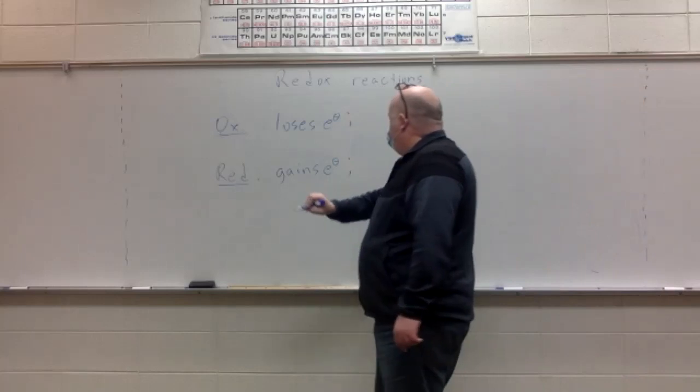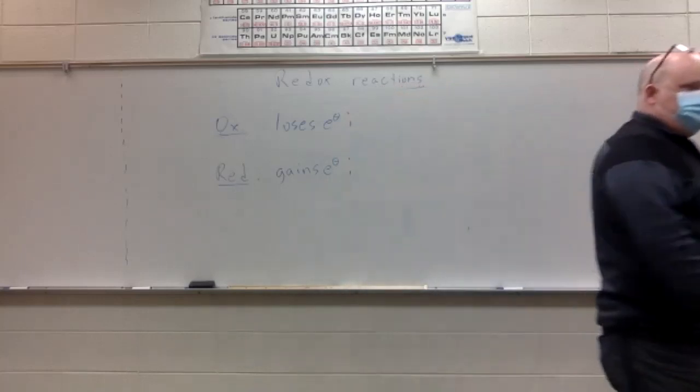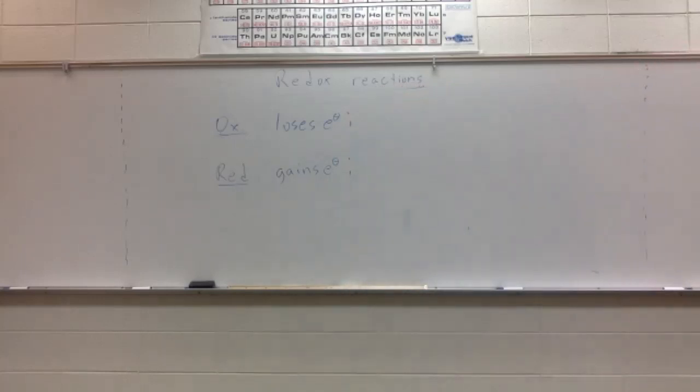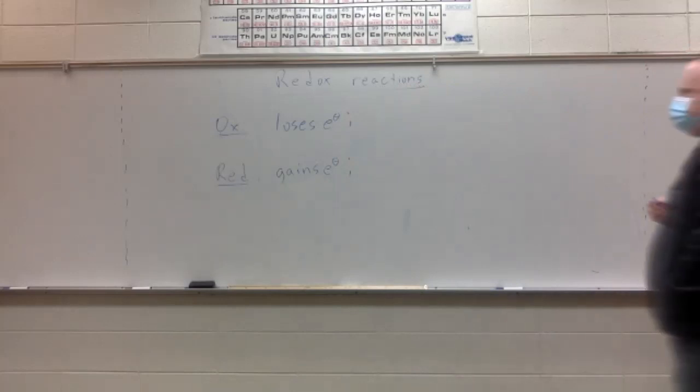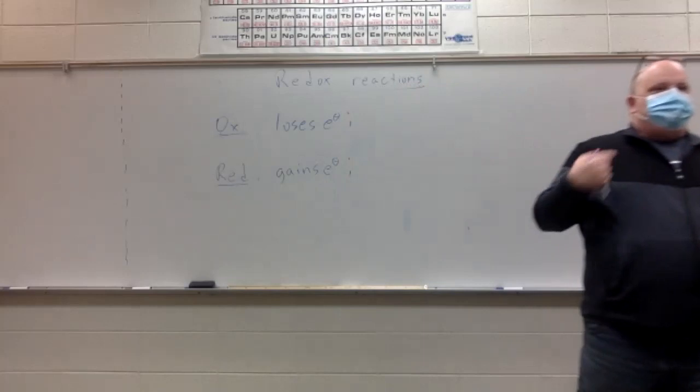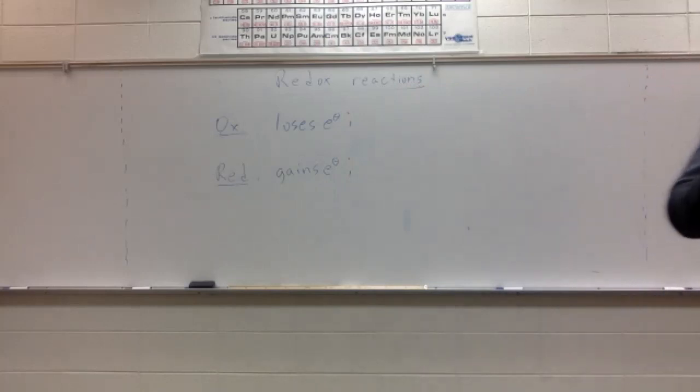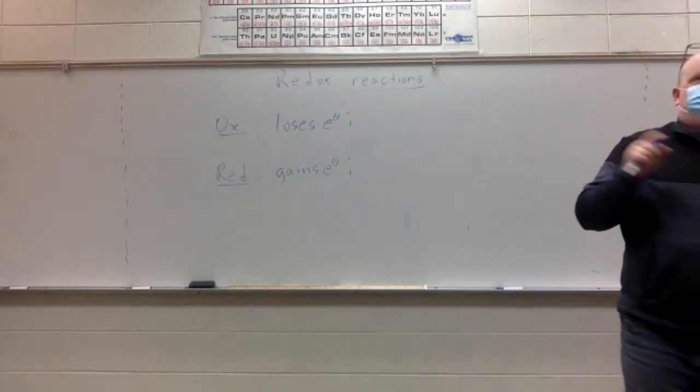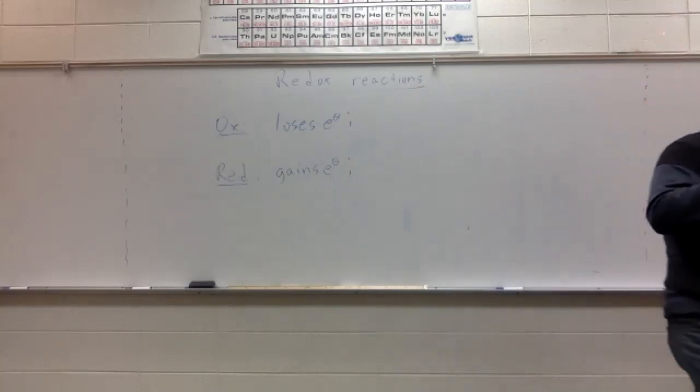However, I want to expand upon these definitions because this doesn't necessarily tell the whole story as far as organic chemistry, as far as covalent molecules. When you say something loses an electron, to me that implies it loses it completely. It gives it away, right? And actually in the examples you saw in Gen Chem and in high school, that's what happened.